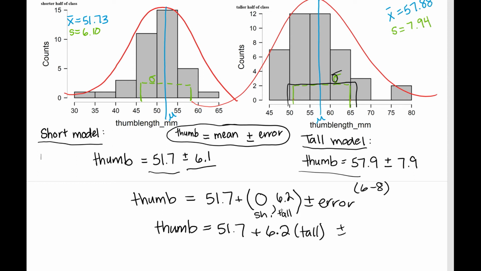And again, plus or minus, we're not going to be right every time. We're probably not going to be right most of the time. We're not going to be exactly on, but hopefully we're pretty close. And we can expect to be within a certain reasonable range based on our model. Based on this model, I would not guess that there are very many thumbs that are 130 millimeters, because even in the tall class, 80 is kind of our high end.